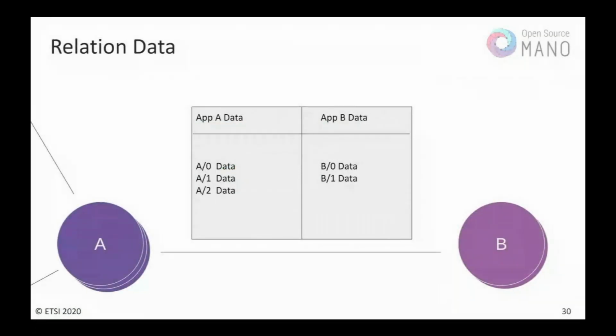So relation data, there are different kinds of relation data. There is unit relation data and the application relation data. You can think of it in terms of a scoreboard. So you have individual players that have their individual scores, and there is a team score as well. Relation data is somewhat similar to that.